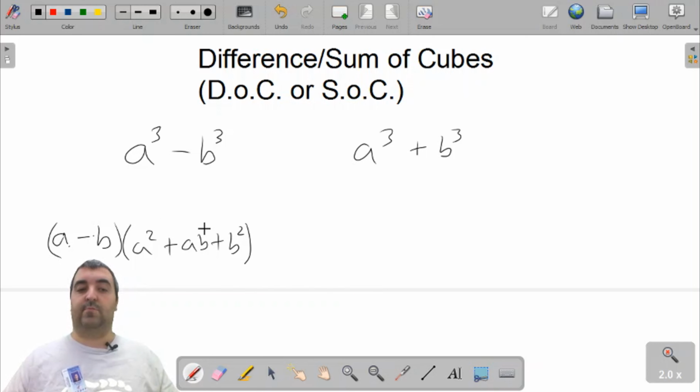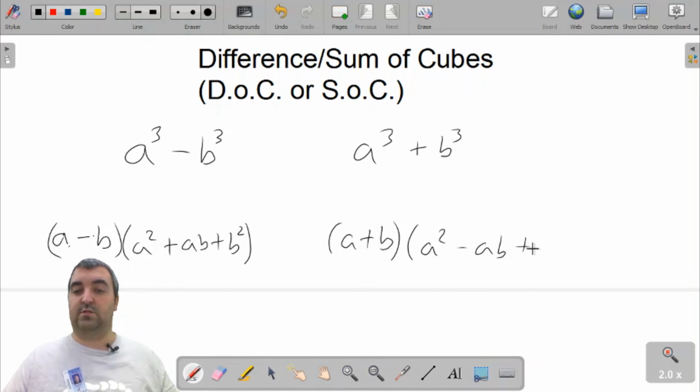We'll do an example with numbers in a second. But for the sum, it looks very similar. However, the first two operations, the plus and the minus, get switched.